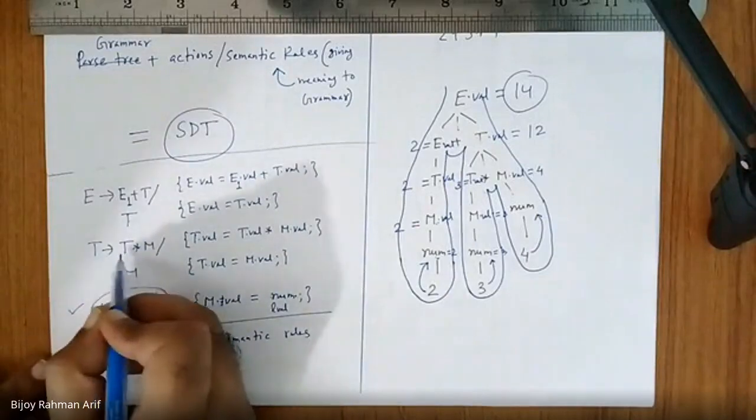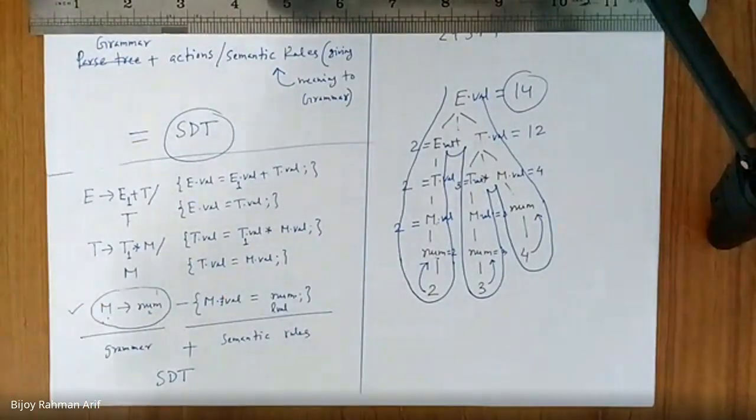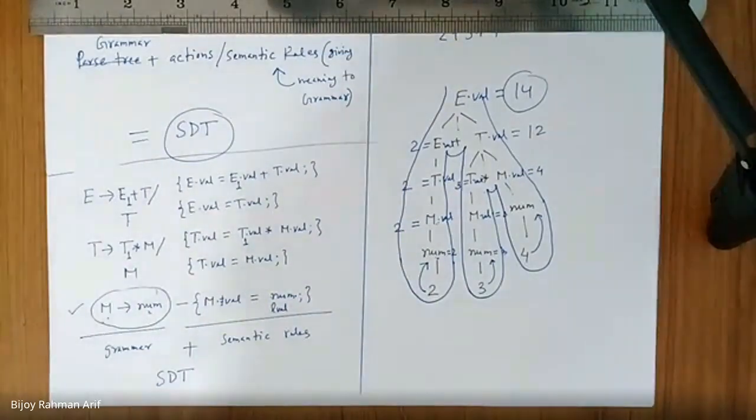So here also you can write, and then it will become more unambiguous. So this is the movement of SDT. Using only SDT, you can actually find out the output, not only using the grammar.